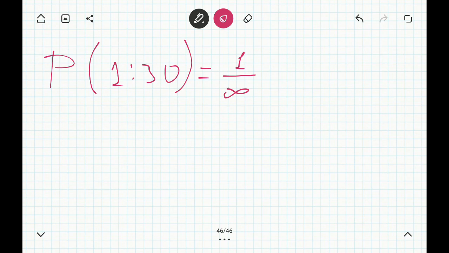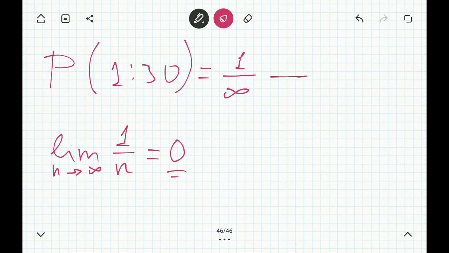Of course, you can do something like that. You can calculate some 1 over n, and you can find the limit when n tends to infinity. And if you remember your calculus, then you will know that that limit is 0. So probability is 0. But again, usually when we say that probability of something is 0, it means that it's impossible.